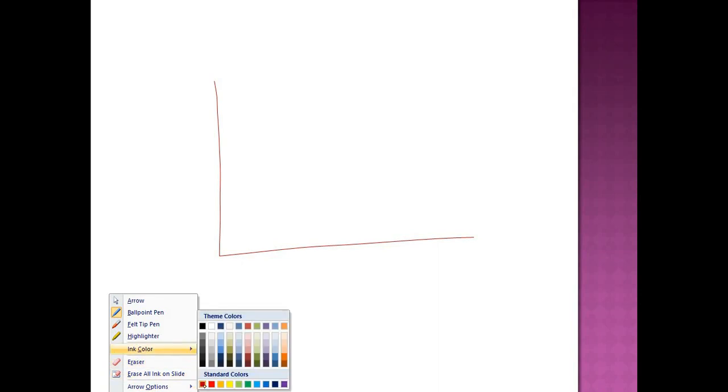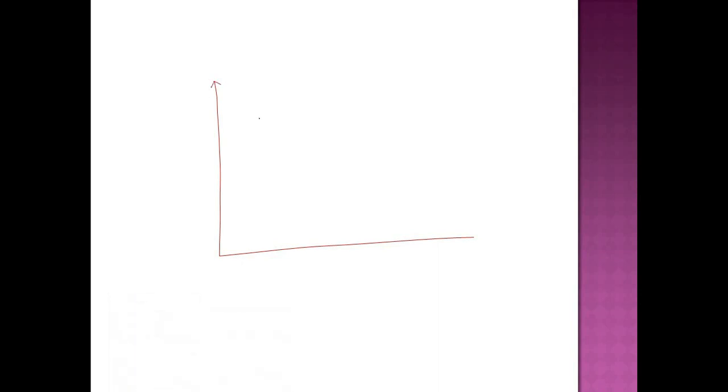Here I'm going to plot this graph. Sorry, let me erase it. This is the x-axis and this is the y-axis.